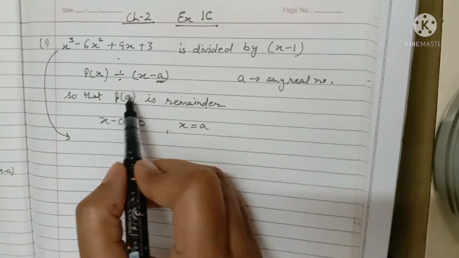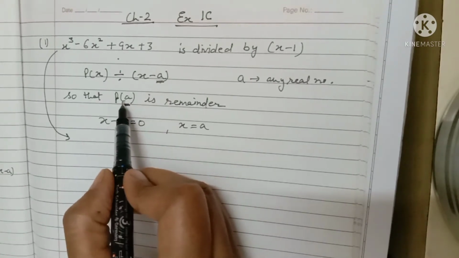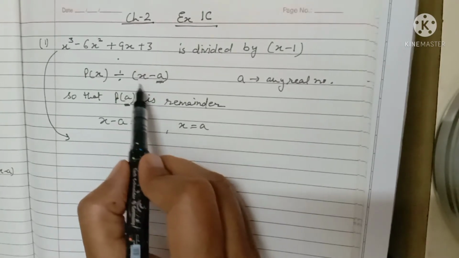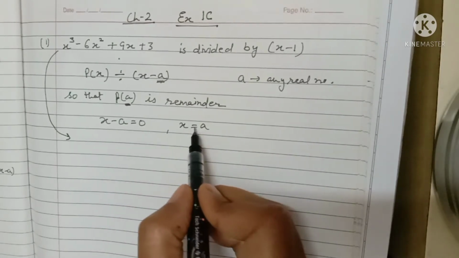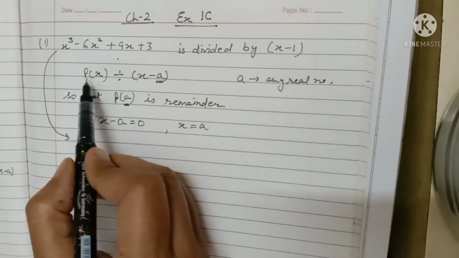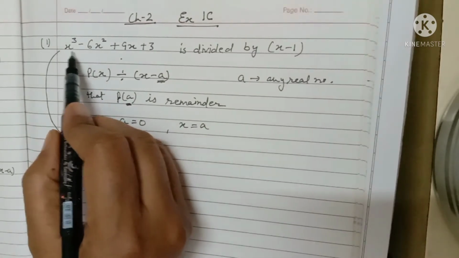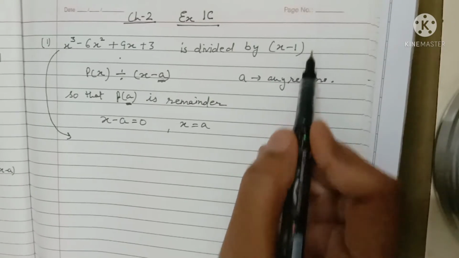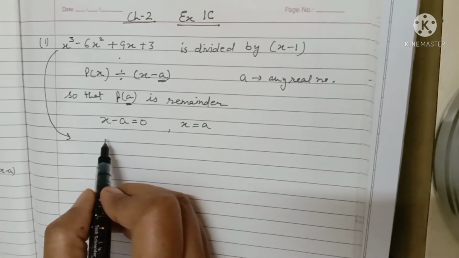So when you substitute x minus a equal to 0, then x is equal to a, and put this value a in place of the variable x. Here the linear polynomial is x minus 1, so substitute x minus 1 equal to 0.